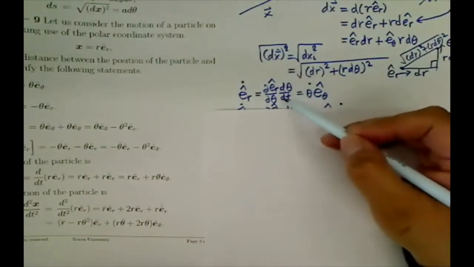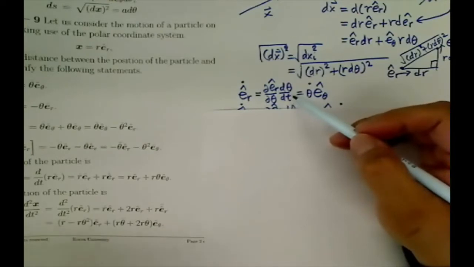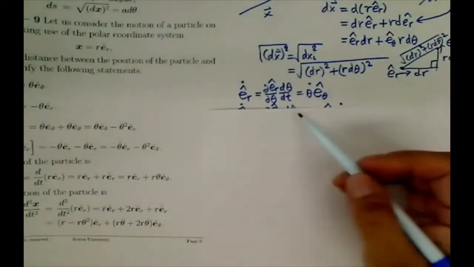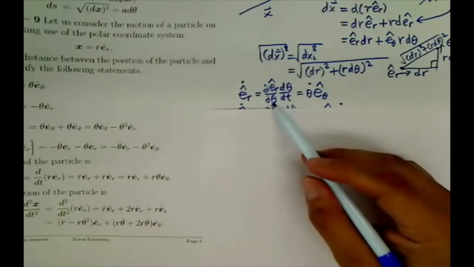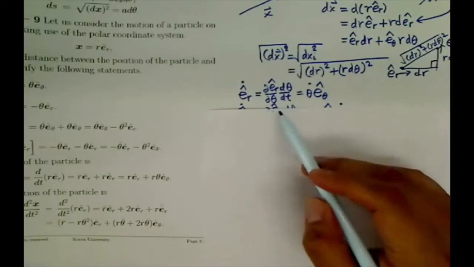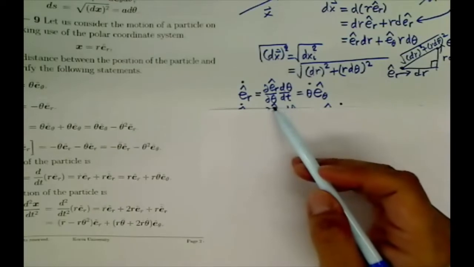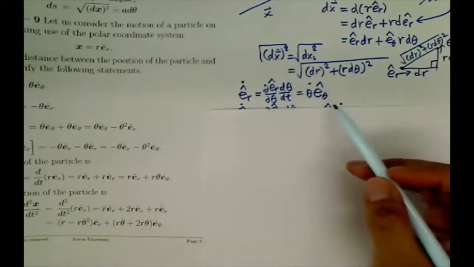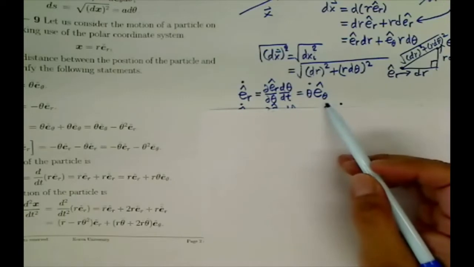So this dθ/dt is theta dot. And according to our previous result, the partial derivative of the unit radial vector with respect to the angle is the unit vector along the angle theta. All right.